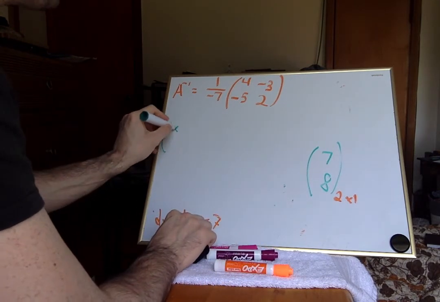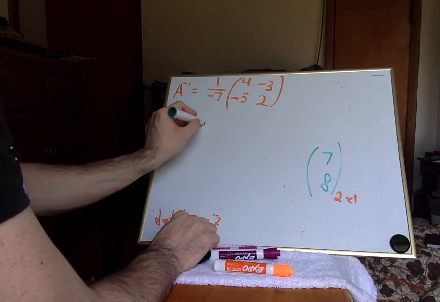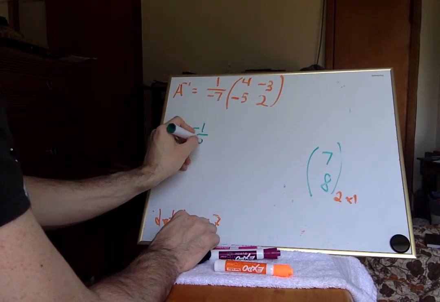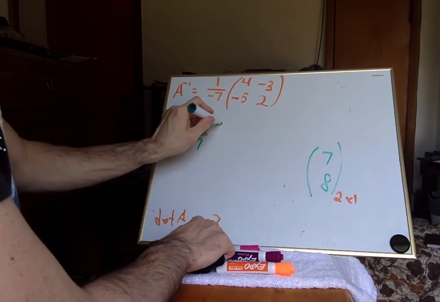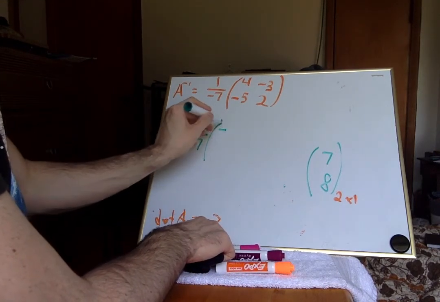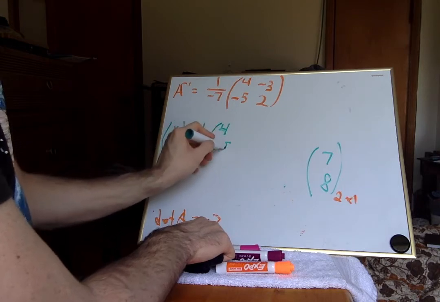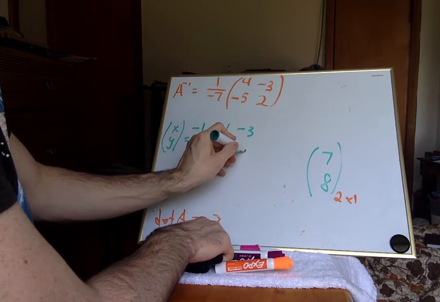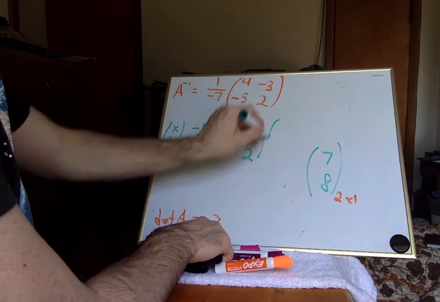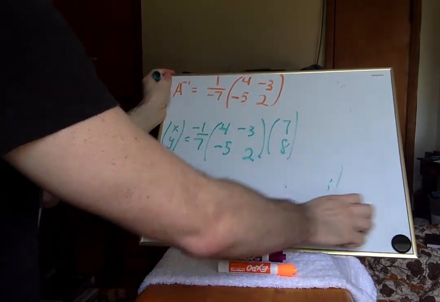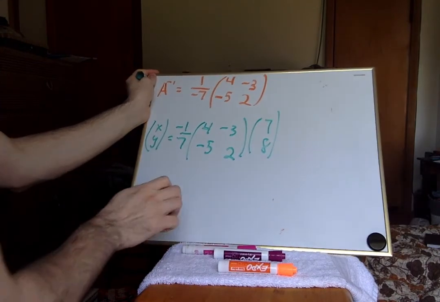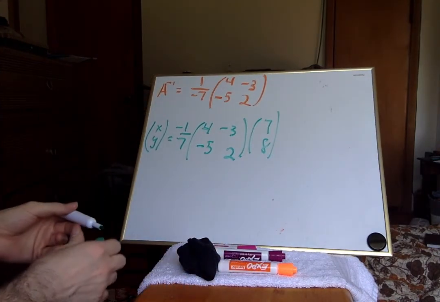So [x; y] equals negative 1 over 7. I move the negative up, and it's [4, negative 5; negative 3, 2] times [7; 8]. Okay?